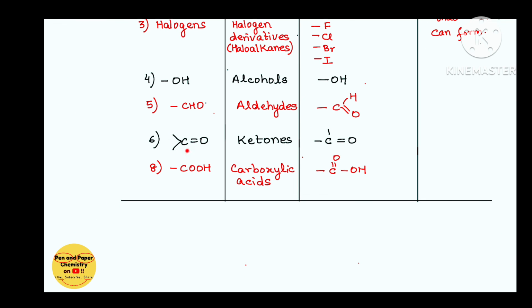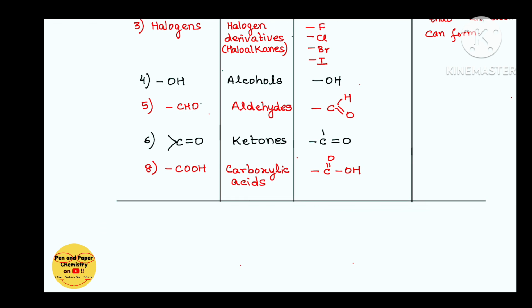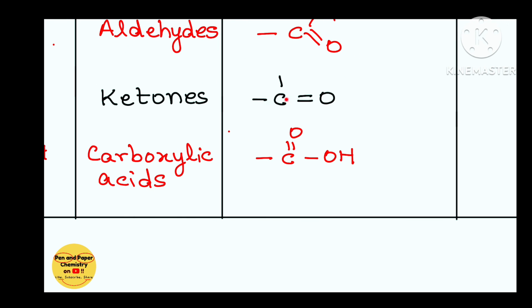Look at the ketones. C double bond O. What is this V over here that I have drawn? Don't worry, I've simplified that V for you. So carbon forms a double bond with oxygen. Why does it form a double bond with oxygen? Yes, because the valency of oxygen is 2. Oxygen, in order to be stable, needs 2 more electrons, needs to form 2 bonds.